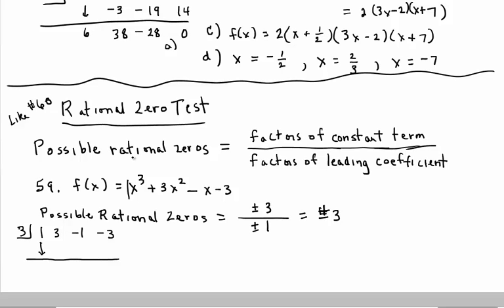Remember, I'm looking for a 0 remainder because then it is a 0. Nope. This is not going to give me a remainder of 0. So if you graph this on your calculator, it's not cutting through the x-axis at x equals 3.